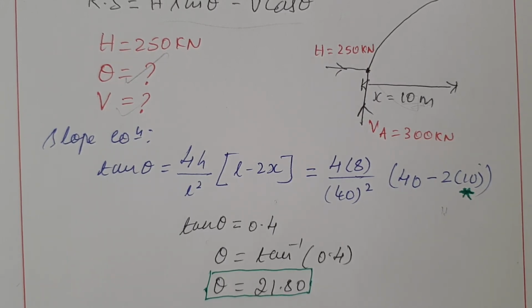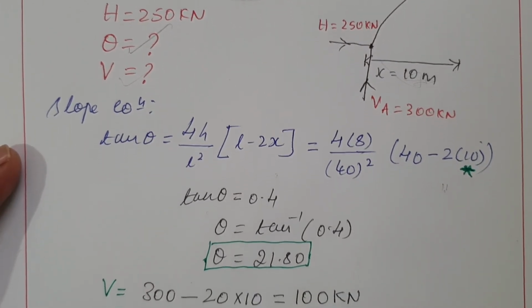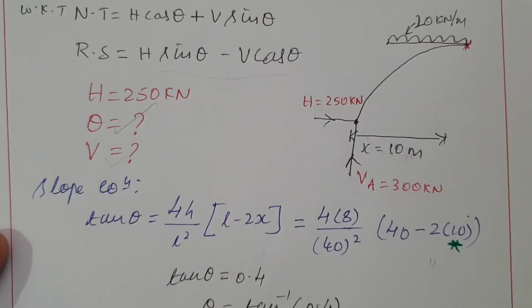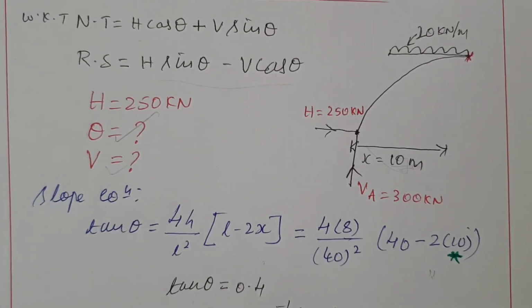After finding the slope, now we have to find the vertical shear, that is the V value. To find it, we consider all vertical forces in the section 10 meters from the left support. Vertical forces only, not horizontal forces. Force moving upwards is positive, force coming downwards is negative.